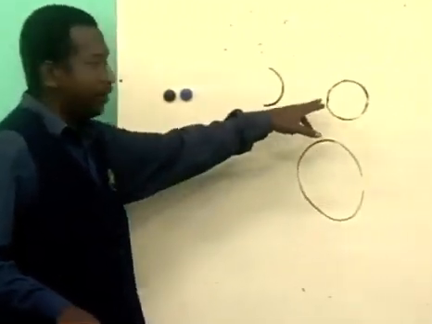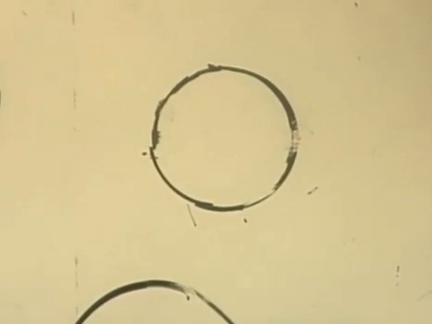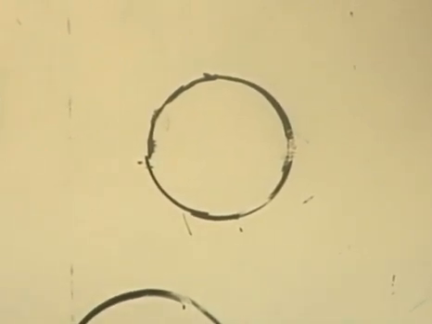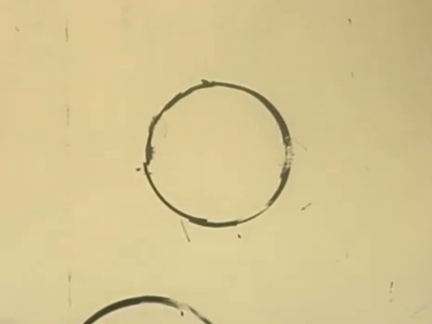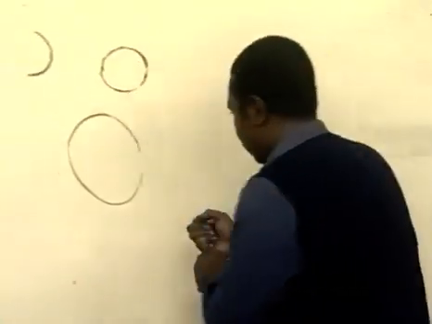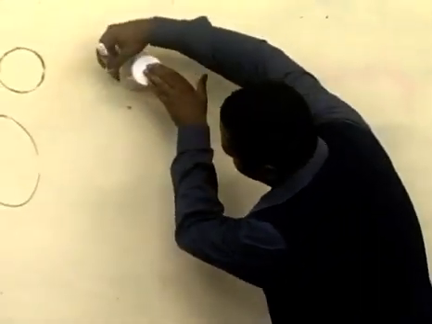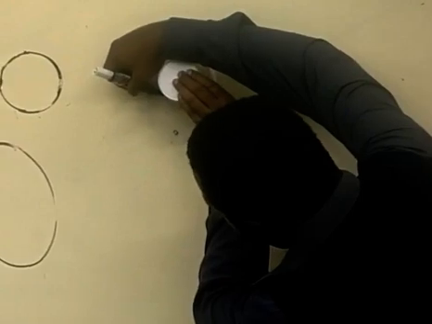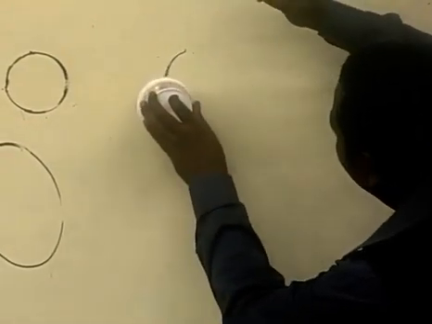Class, do you think he has drawn exactly an accurate circle? Some are saying no. Okay. I'll try to follow him and use this container to draw a circle again, like what he has done.